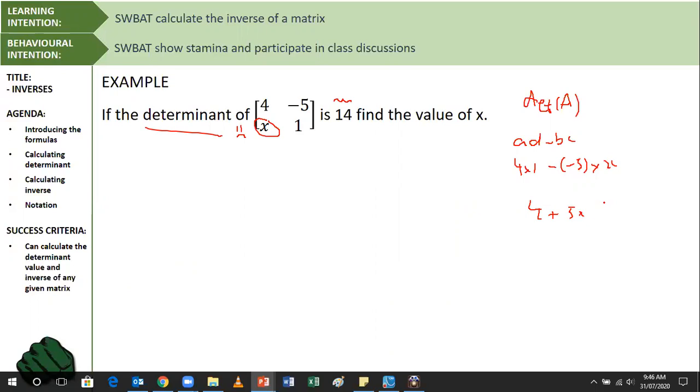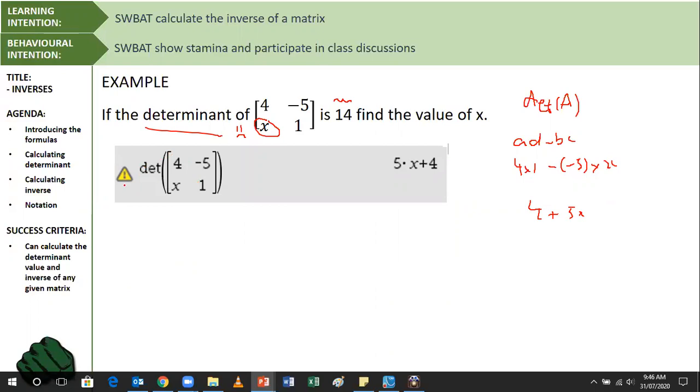But if you don't want to do this by hand, there's nothing stopping you from just using determinant of this. The exclamation mark just pops up because it says, hey, we didn't get a proper value. We don't know if x is a number or a variable. So it just leaves it like this, which is what we got. 5x plus 4 is the same thing as 4 plus 5x. Now we know that should be equal to 14.